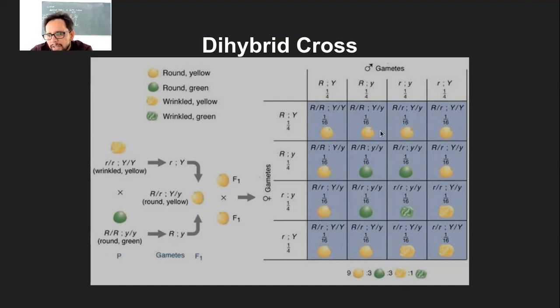Individually they will all be 1/16, and if you look at all the yellow, they will make it 9, so 9 out of 16. Then the green will be 3 out of 16, and the yellow and wrinkled seed will be 3 out of 16, and this is 1 out of 16.